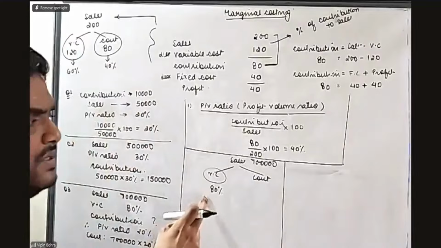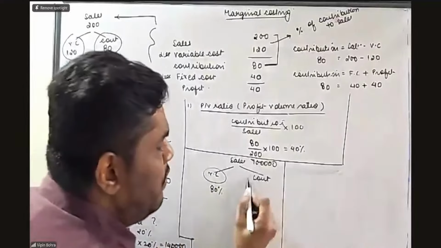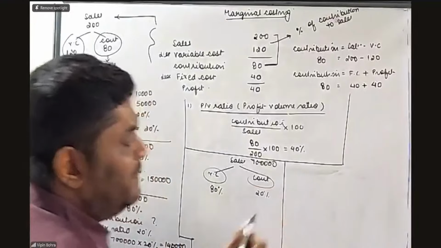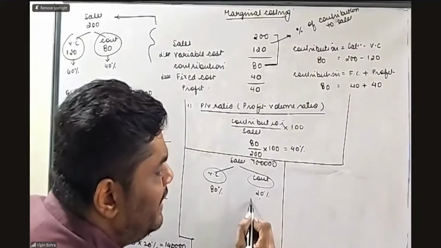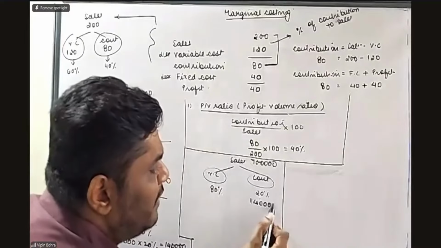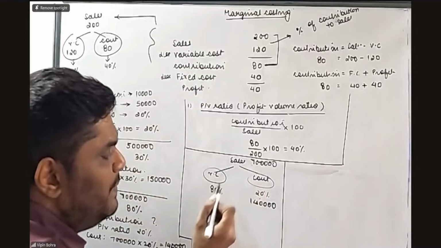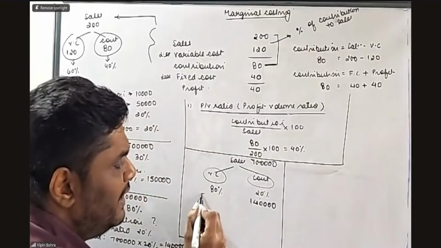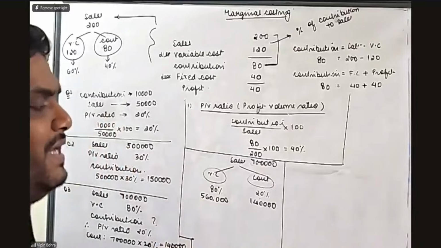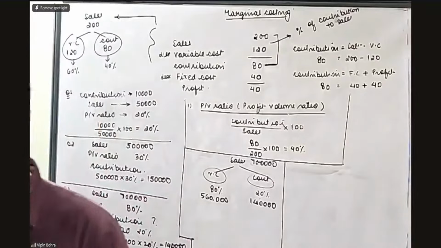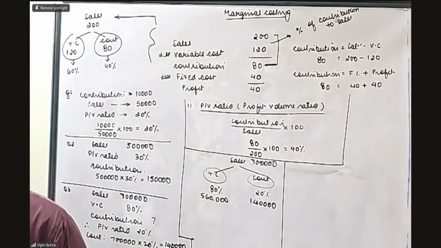So, if variable cost is 80% of sales, my contribution will be how much? 20% of sales. So, therefore, my contribution will be 7 lakh into 20%, that is 1,40,000. And my variable cost will be 7 lakh into 80%, that is 5,60,000. So, those who posted this answer 5,60,000, it was incorrect. I hope it is clear to all.